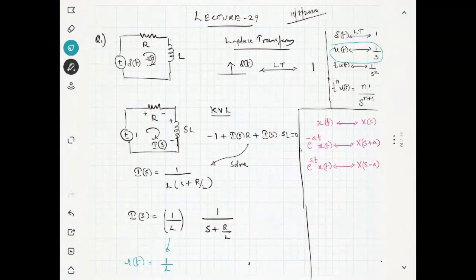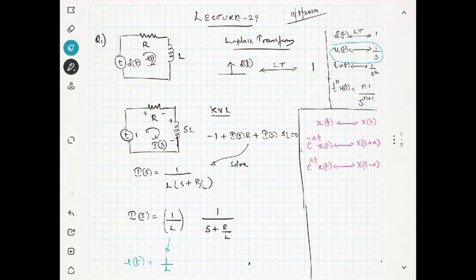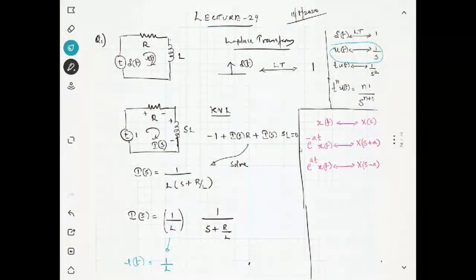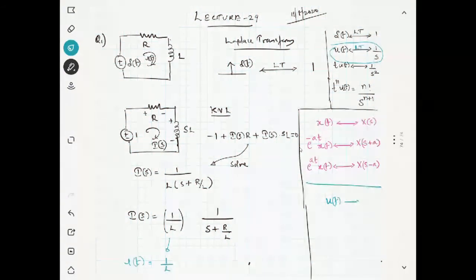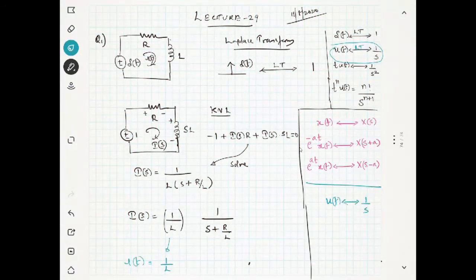But you know that 1 over s, what is the inverse Laplace transform? U of t has Laplace transform 1 over s. If you just go backwards, it is the unit step. Doctor, we have to do a partial fraction here, I think.